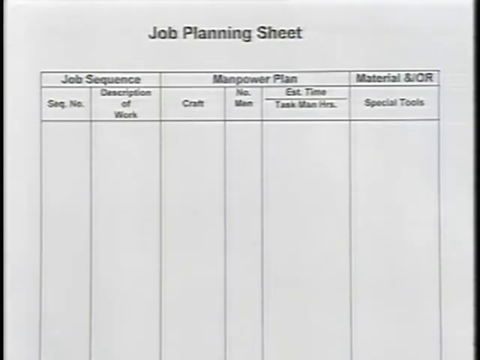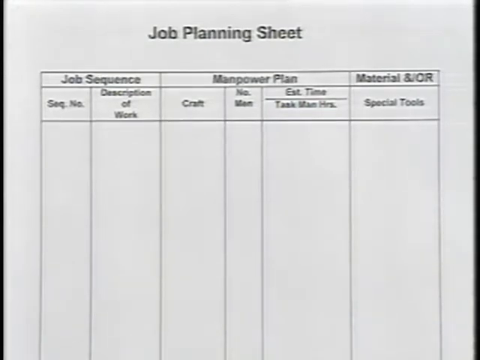Moving on to the middle of the job planning sheet, we have the manpower plan. Here we have the craft requirements and the number of craft required and the estimated time by task or sequence. And the last column on the right indicates the material, which is the spare parts requirements, and then any special tools, equipment, and documentation.